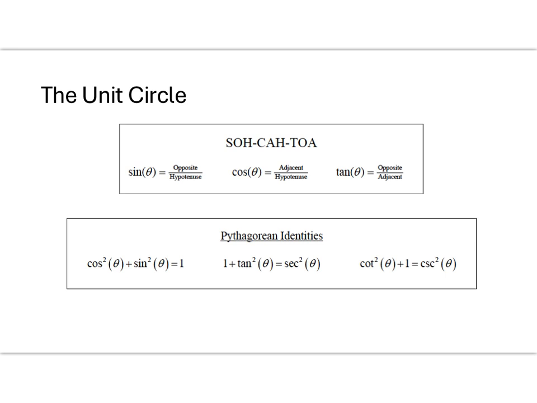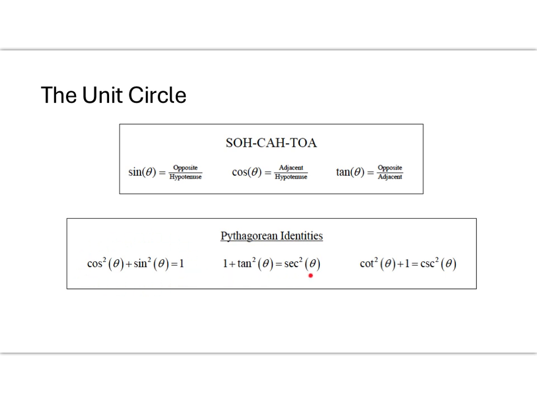The Pythagorean identities stem from the Pythagorean theorem, basically, where you have a squared plus b squared equals c squared. So you need to be familiar with these. Now the biggest one you need to know is the first one, cosine squared plus sine squared is 1, because 1 would be the radius, and 1 squared is 1.